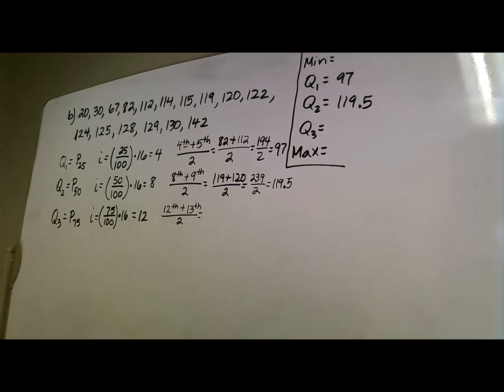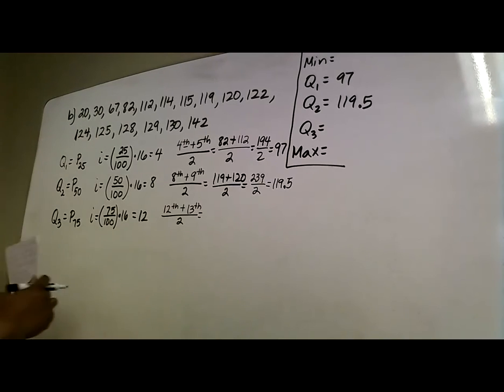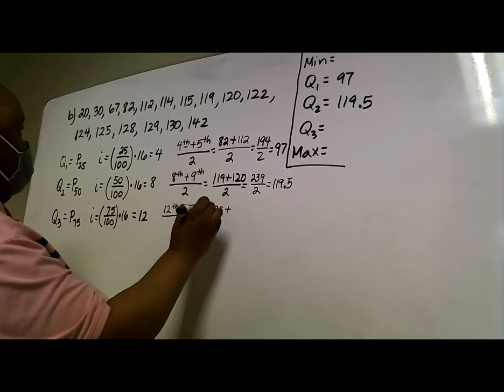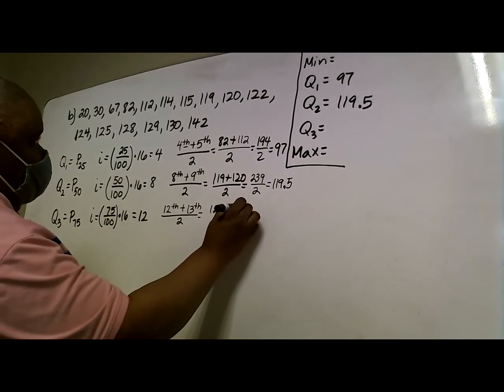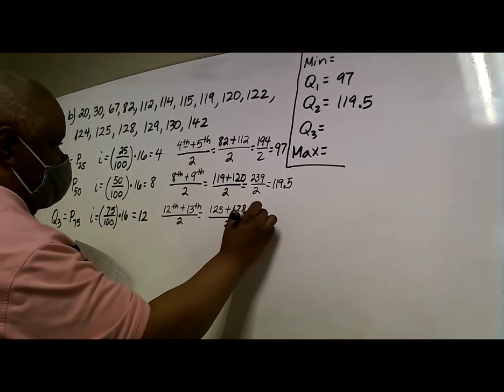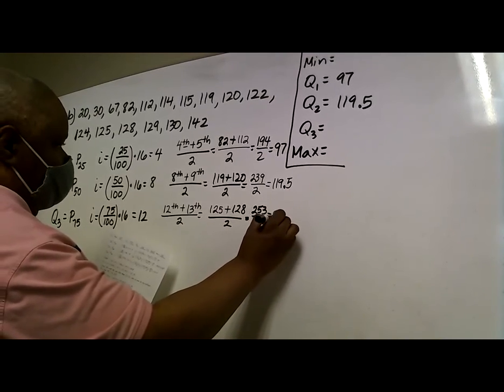The 12th number would be, that's 10, 11, 12, that's 125, plus the 13th number, that's 128. That'd be 253 divided by 2, which is 126.5.